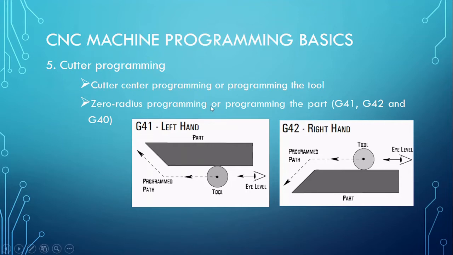For cutter center programming, whatever coordinate is to be quoted in the part program, the operator would add the radius of the tool to that profile so that the cutter can stay its own radius away from the required profile.